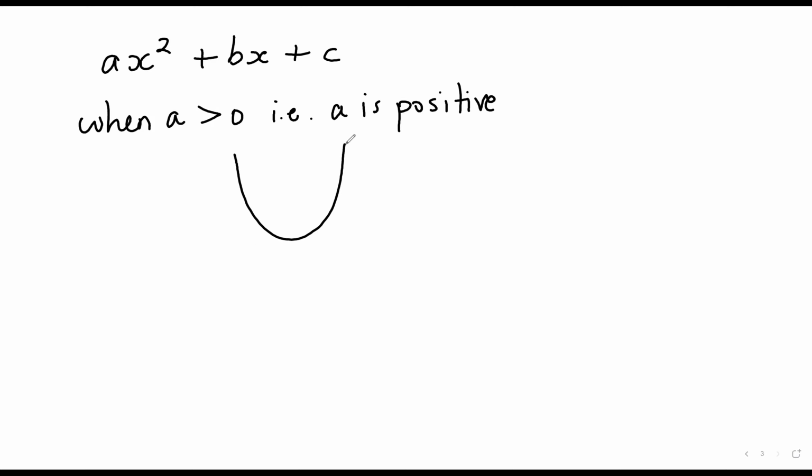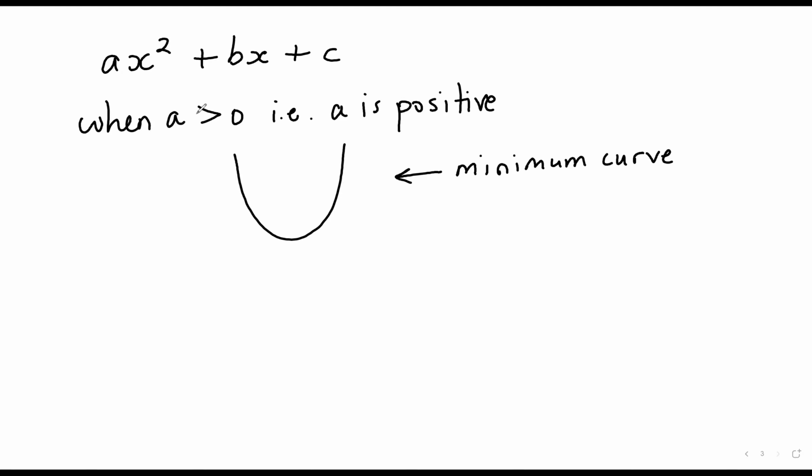The curve looks like this, right? And this is called a minimum curve. A minimum curve occurs when the coefficient of x squared, that is a, is positive.